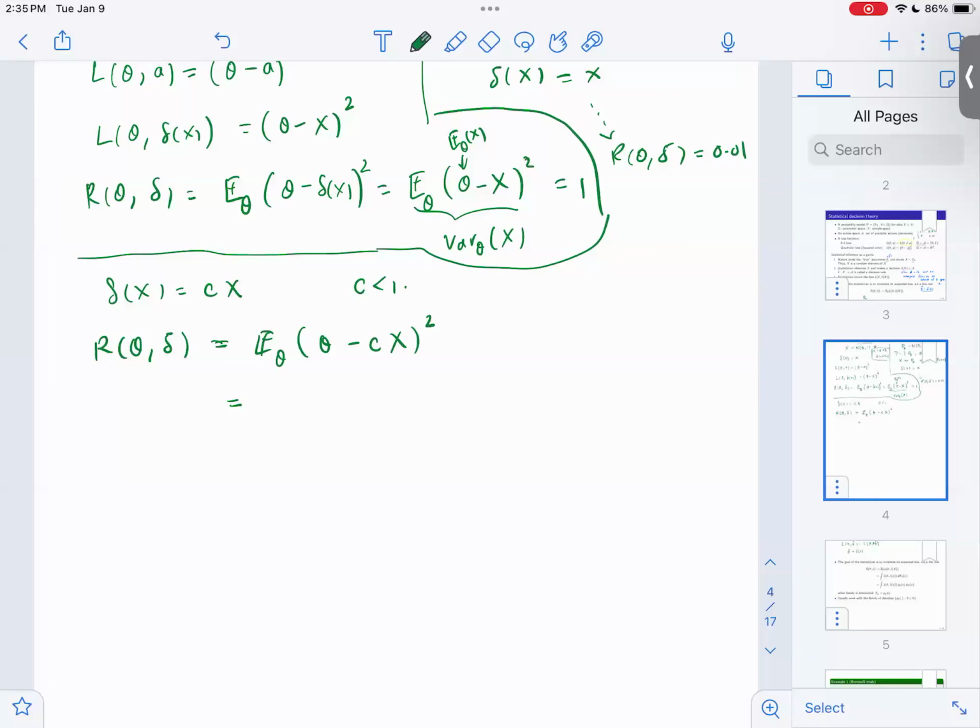What is the obvious thing to do? Expand. Okay, theta squared plus c squared x squared minus 2c theta x.